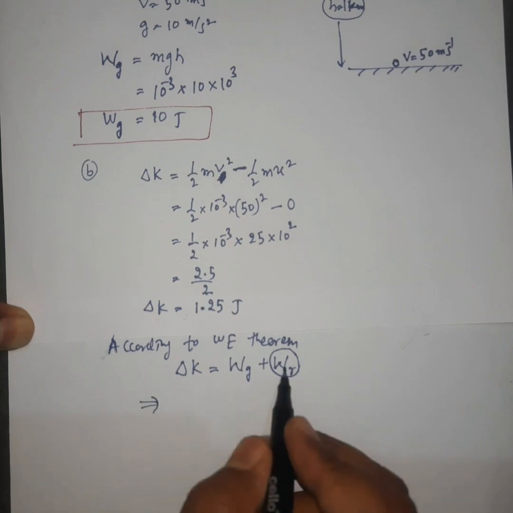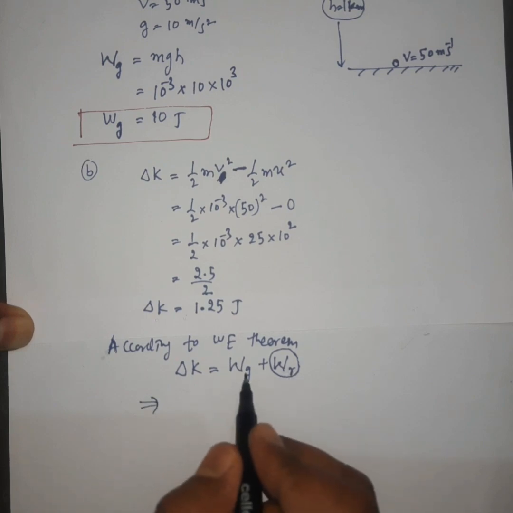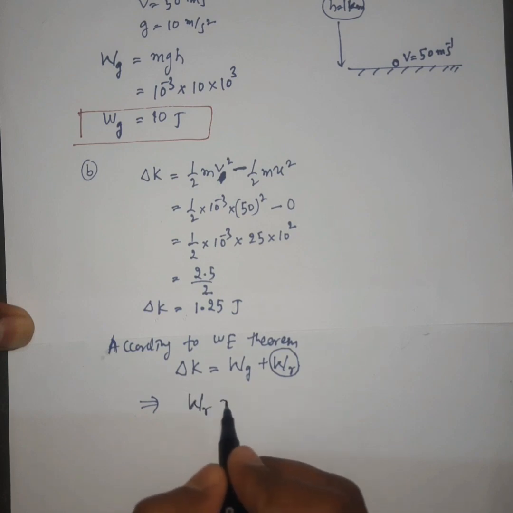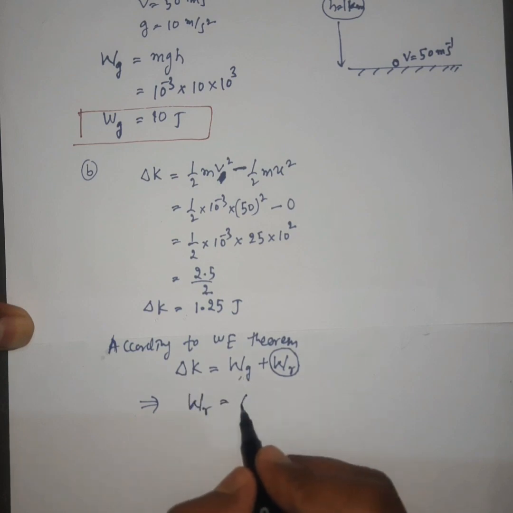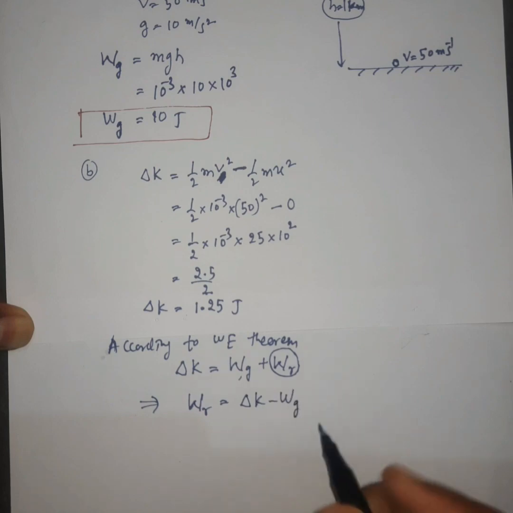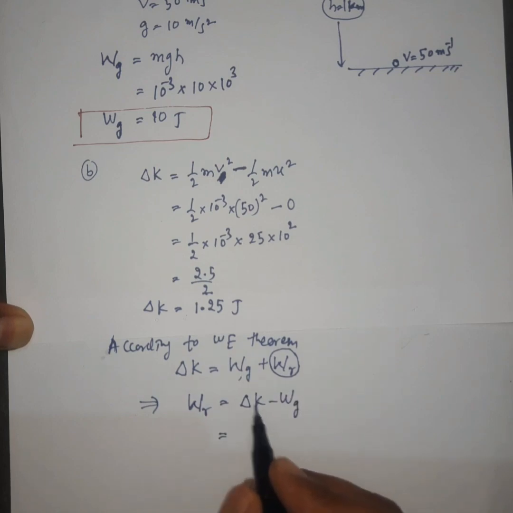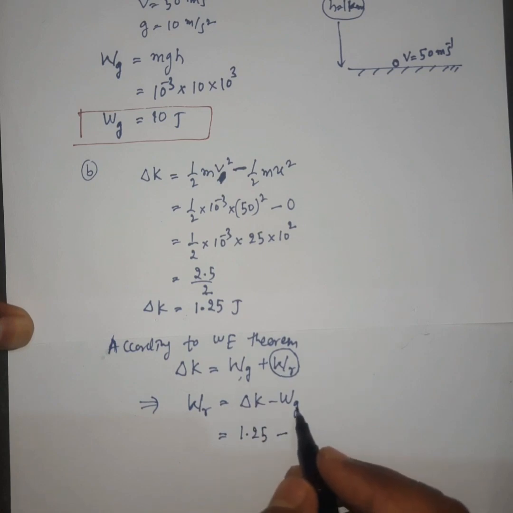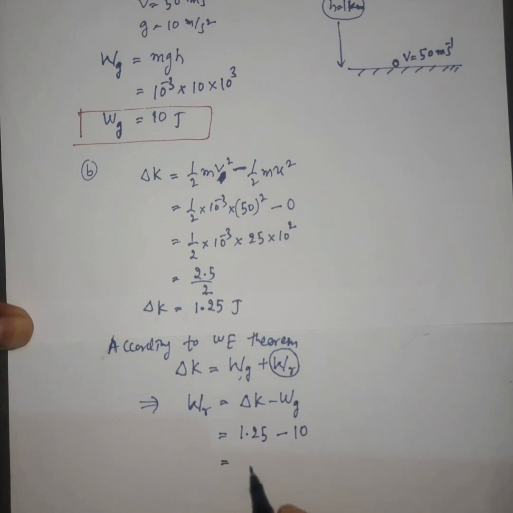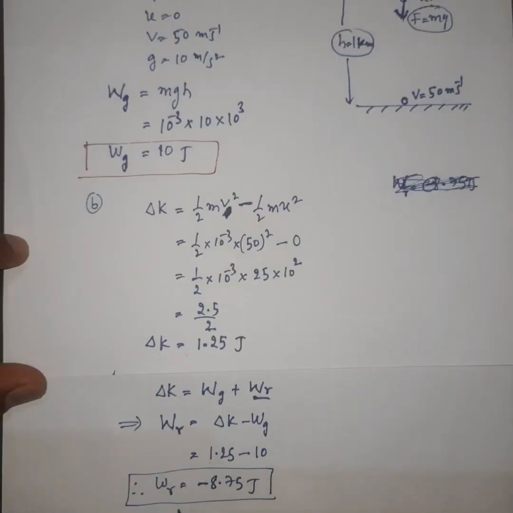So taking this to the left side, WR is equal to delta K minus WG. Here delta K, the change in kinetic energy, is 1.25, minus the work done by the gravitational force, which is 10, so that is minus 8.75 joules.